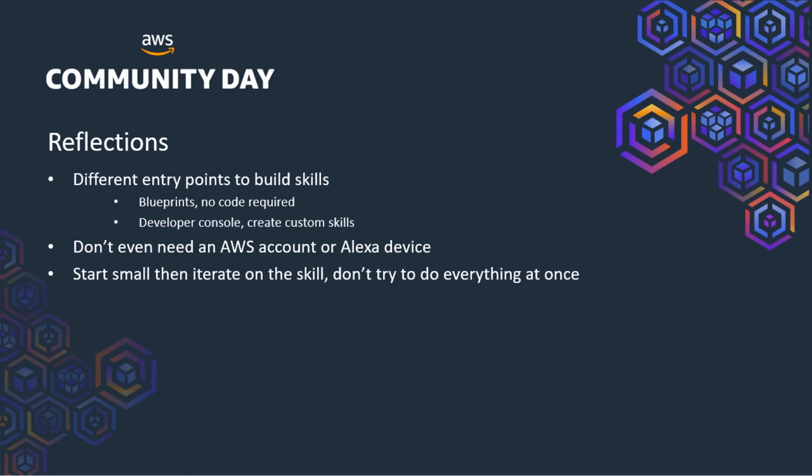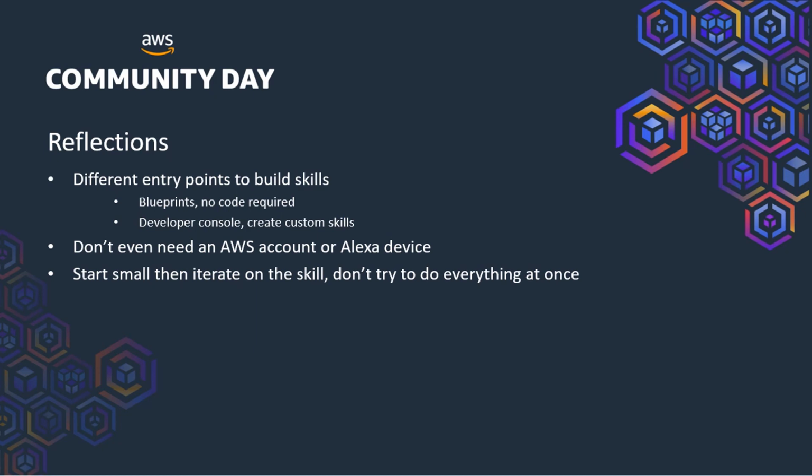Here are just some reflections, takeaways from myself through developing a skill. There are different entry points to building skills. If you don't code, there's blueprints. If you do code, you can do it in the developer console. If you're wanting to try out coding, I think it's also a really great place to start, because you can see your code come alive.